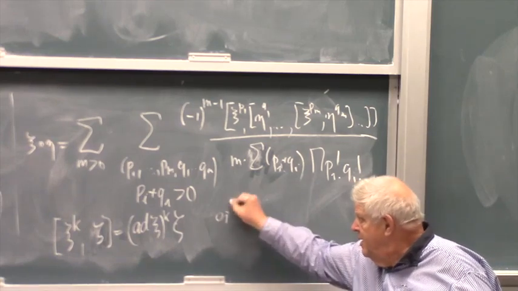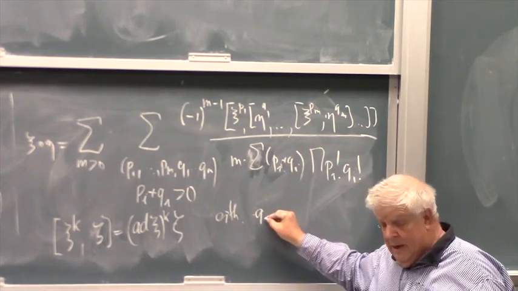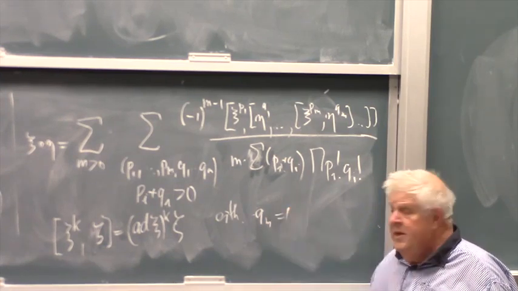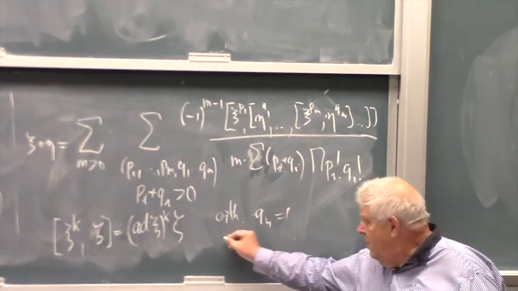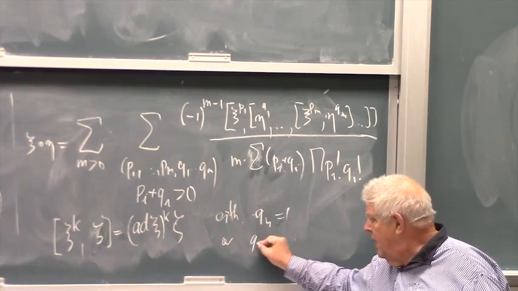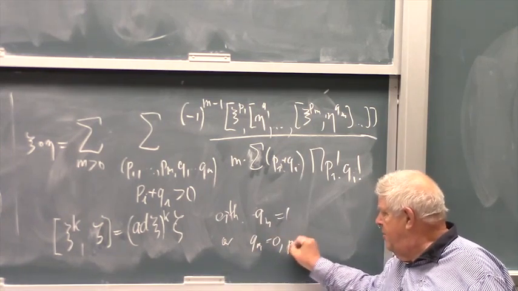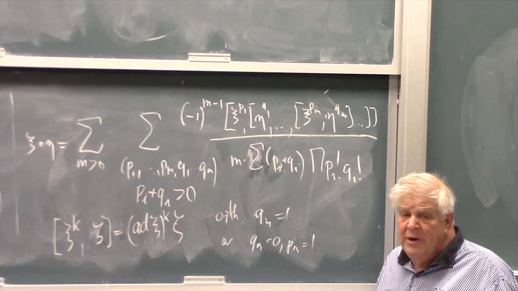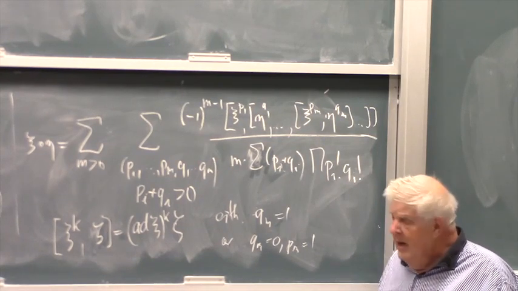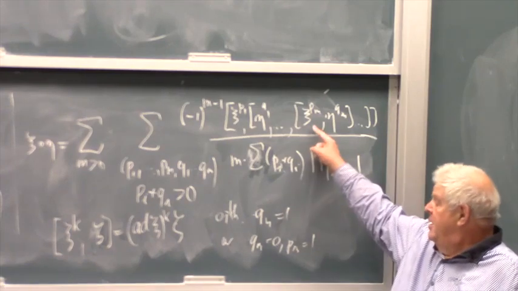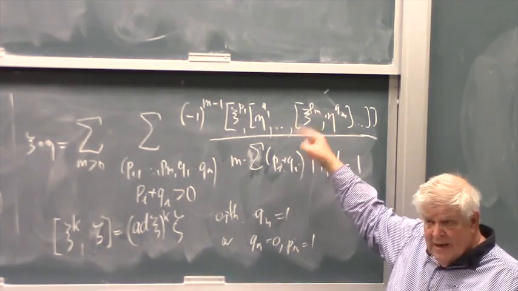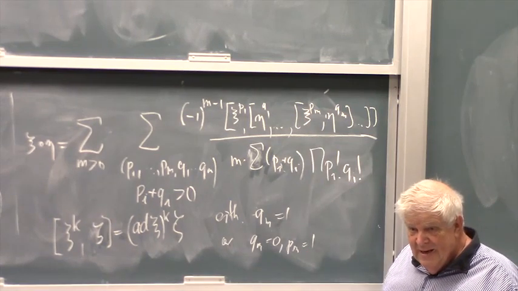Either qm is 1, then no other conditions, or qm is 0, then pm is 1. Now it sort of makes sense. In this case, it will be c to the power 1, eta to the power 0. I regard it as c. You understand?